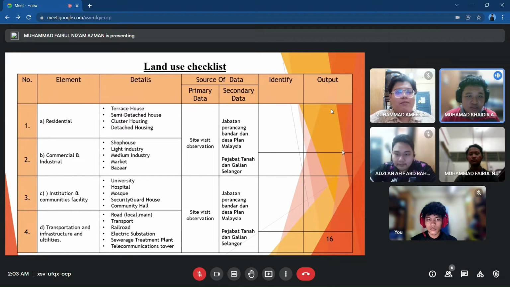For institutions and community facilities: university, hospital, mosque, security guard house, community hall. And for transportation, infrastructure and activities: road, local and main, transport, railroad, electric substation, sewerage treatment plant, and telecommunications tower.